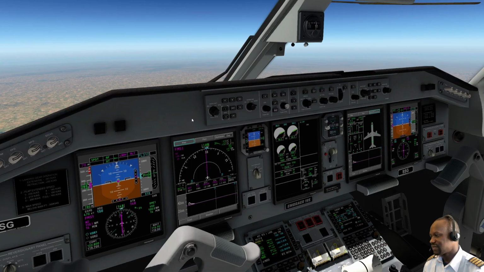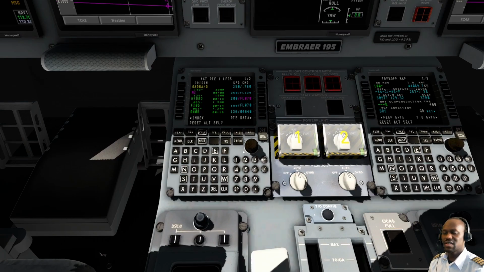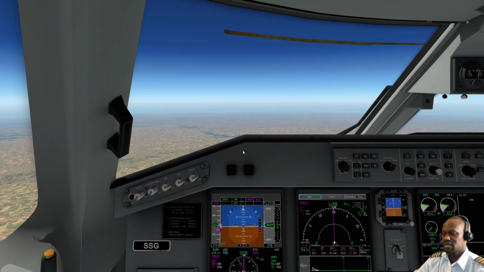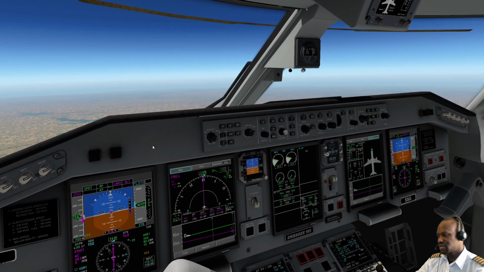The green circle is at approximately 20 nautical miles, and by this time we should have a lower altitude under normal circumstances. Reset altitude select means that we need to reset a lower altitude. We're not going to do that since the pilots are asleep. As you can also see, the speed has reduced to 250 knots.